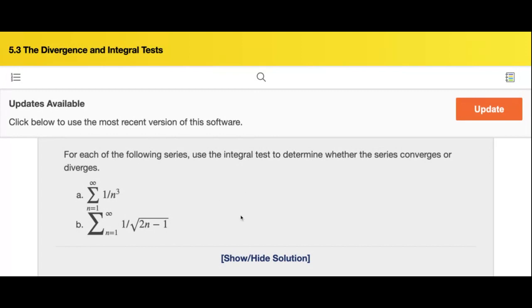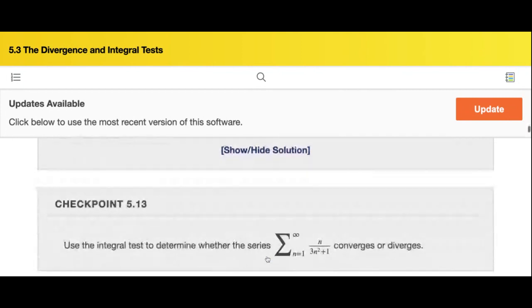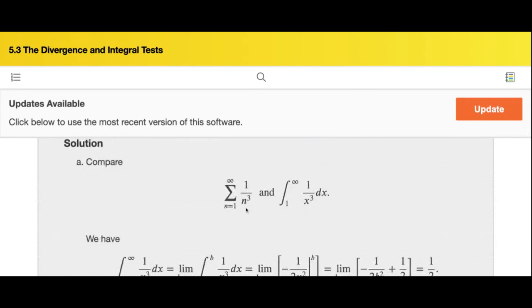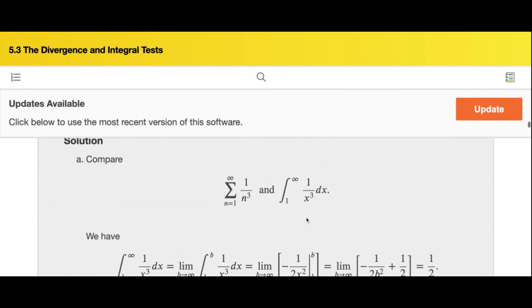We're going to compare with the integral from 1 up to k of 1 over x cubed dx, right? So b_n is 1 over square root of 2n minus 1. So for 1 over n cubed, we want to compare with the integral of 1 over x cubed.